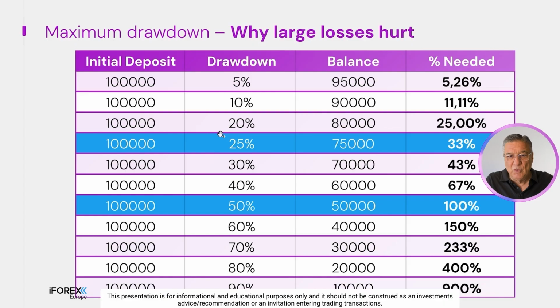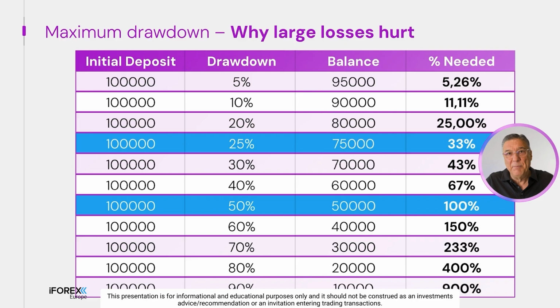If we lose 20%, then we need 25% to break even. And it goes on like that. So if we lose 50% of our initial deposit, then we are left with 50,000 and we need 100% of our remaining capital so we can break even.